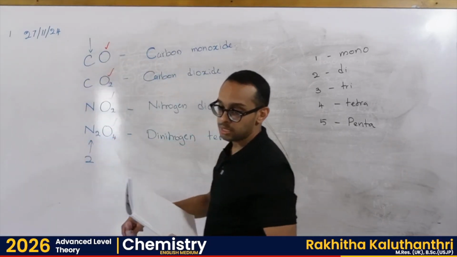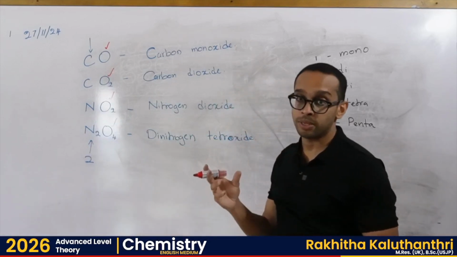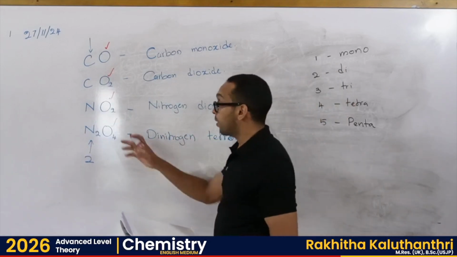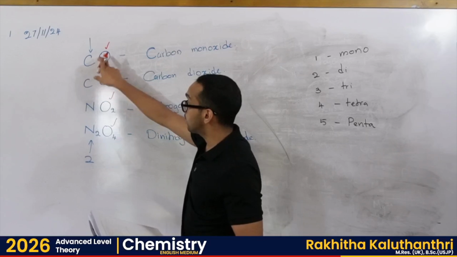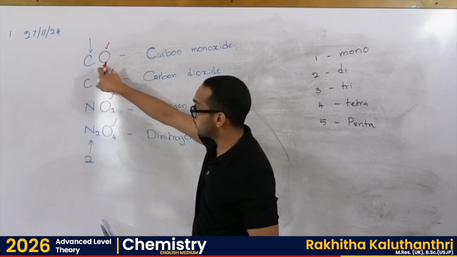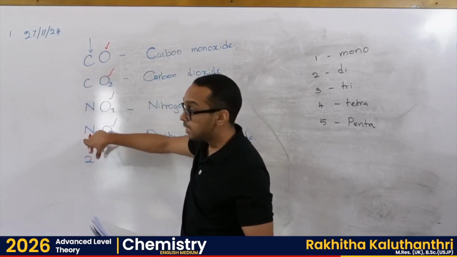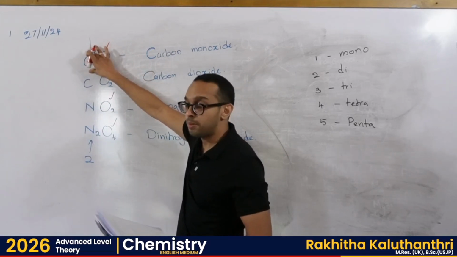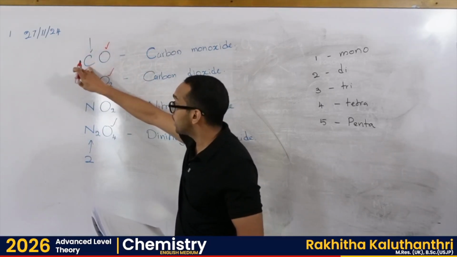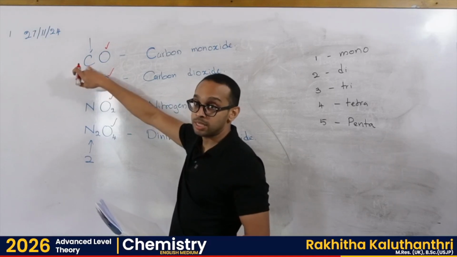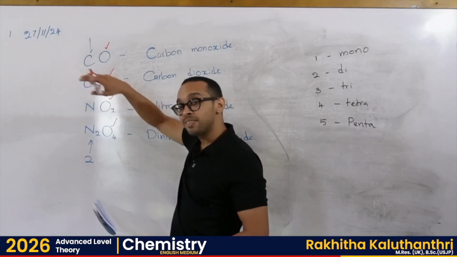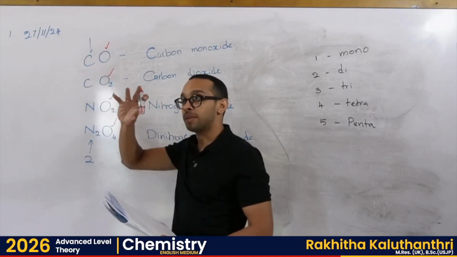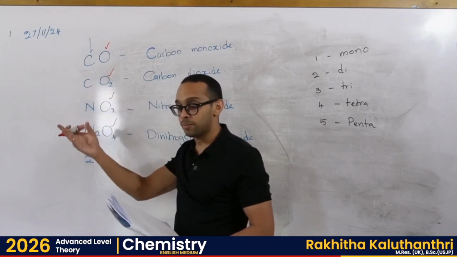Oxygen is more electronegative, carbon is less electronegative. So when you write the less electronegative element's name first, we are basically saying this particular element has a positive oxidation state. It resembles the whole naming system that we use for ionic compounds as well.